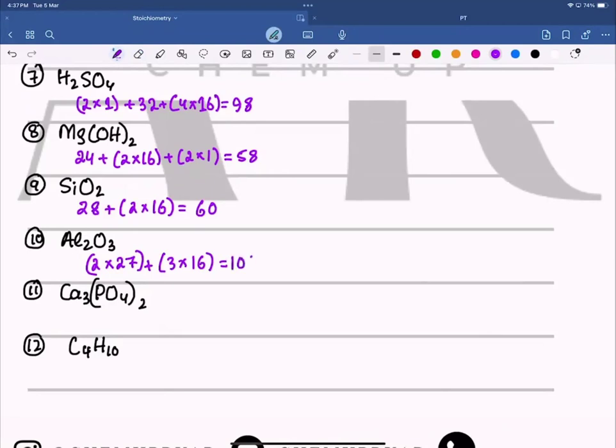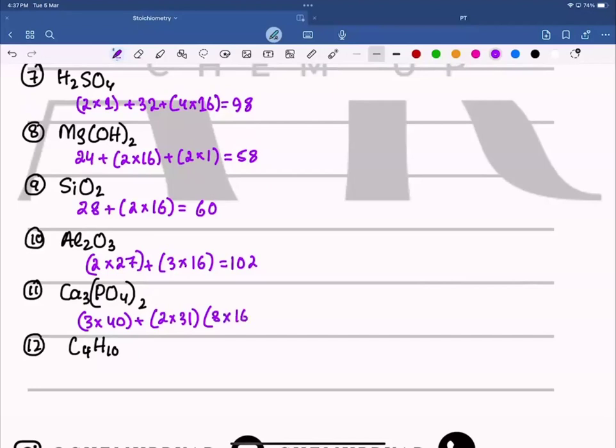Sir, 77? 102. 3 calciums. So 3 times 40, 120. There are 2 phosphorus. So 2 times 31 is 62, 62 and 120 is 182. And there are how many oxygens? 8.